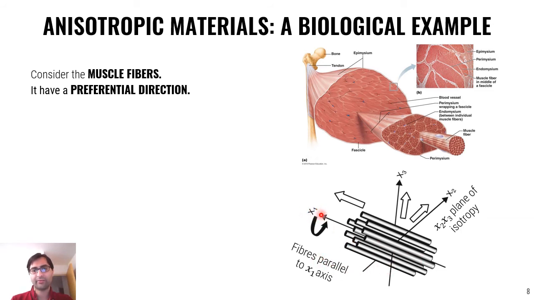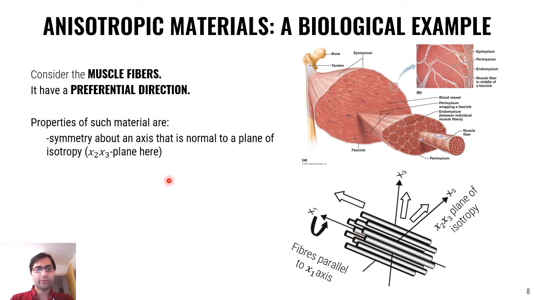Here we name that axis x1, and we have a plane of isotropy, which is the x2, x3 plane. And you see that we have rotational symmetry around that fiber axis.